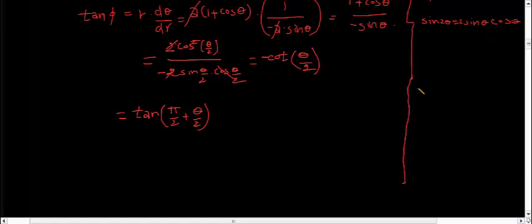What is tan theta equal to? We know that tan theta is equal to sin theta by cos theta. Here in this case, tan pi by 2 plus theta by 2 is equal to sin pi by 2 plus theta by 2, divided by cos pi by 2 plus theta by 2.